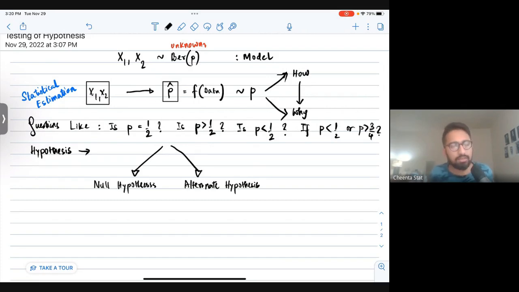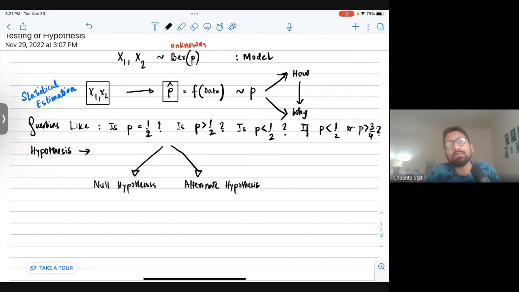The goal is that the data either supports the null hypothesis or does not support it. If the data does not support the null hypothesis, then what alternate hypothesis will it support? That's the question.